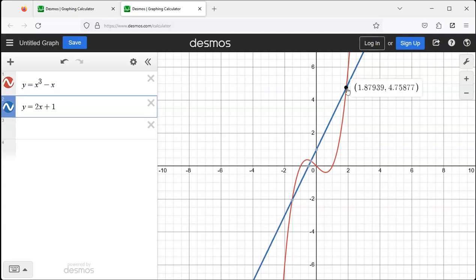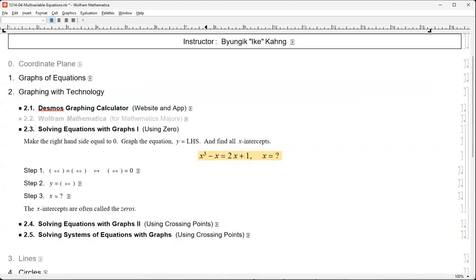Right here, and then here, and then right there. Those are the x-coordinate values where these two are the same. 1.879 something, negative 0.347 something, negative 1.53 something. Those are the kind of things that you should be looking at if you are interested in solving this equation.